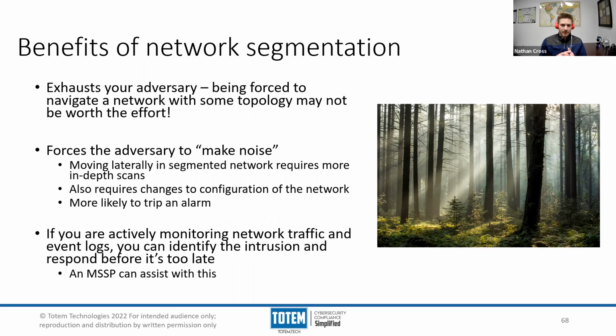Essentially, by isolating our network assets onto different segments, or maybe different VLANs if we've chosen that approach, we have added multiple obstacles for an adversary to have to overcome if they wanted to move throughout your network.